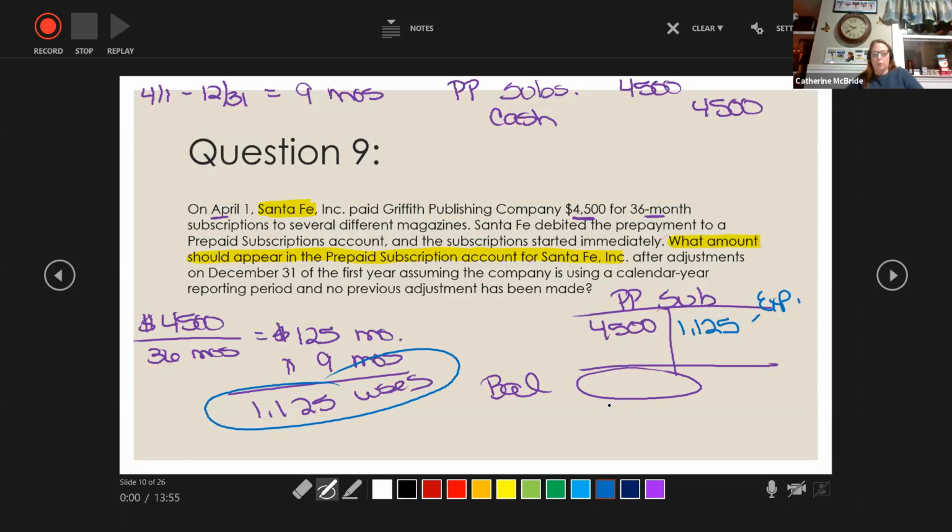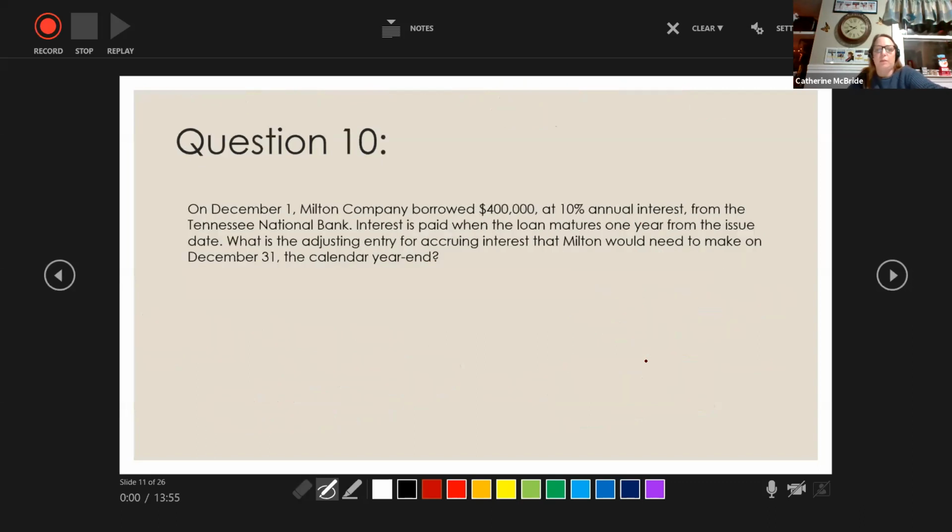If I started with 4,500 and I used 1,125, my balance is 3,375. And that's the answer here. Does that make sense? Yes. So you have to watch the time periods, and you have to be very careful of what they're asking for.